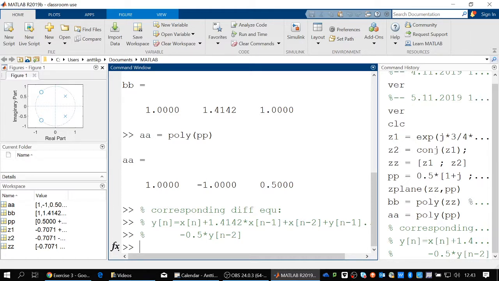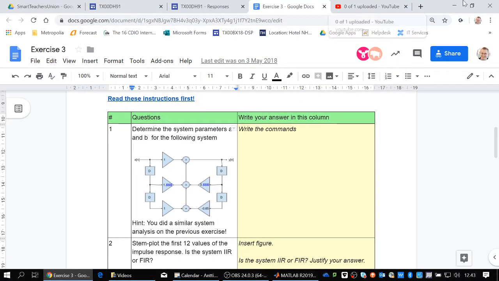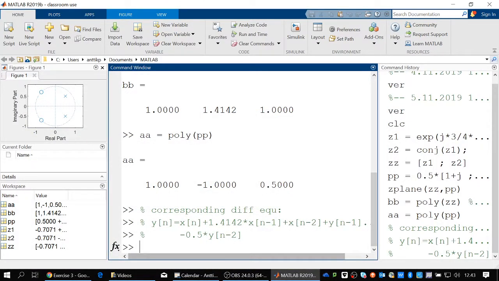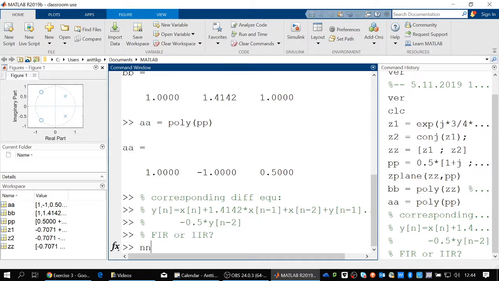Okay, now we can do some stuff with this one. For example, determine if the system is infinite impulse response or finite impulse response. FIR or IIR, the brute force way. First we take some index vector, for example from -2 to 8. This is my region of interest.